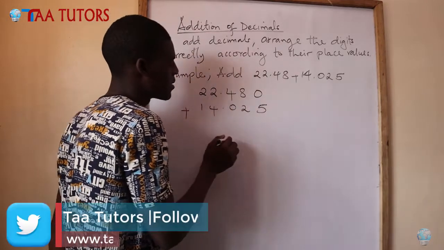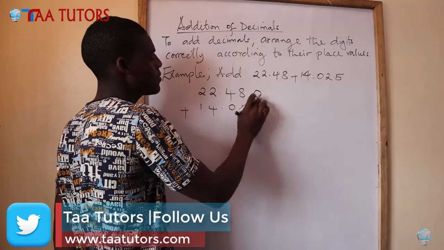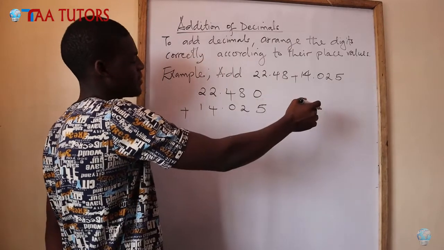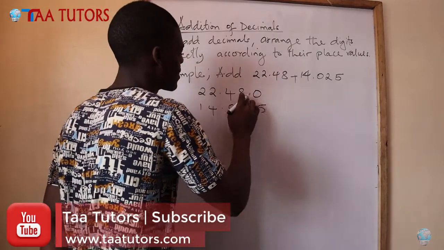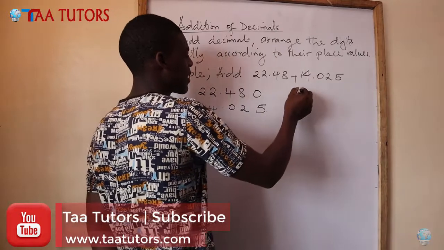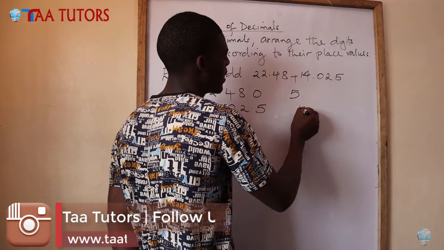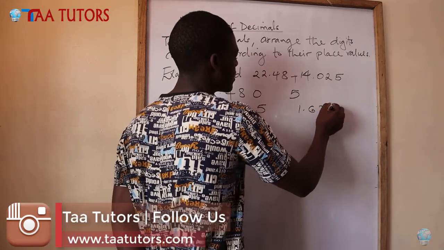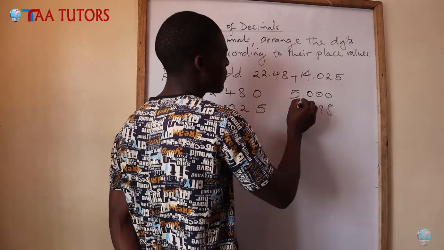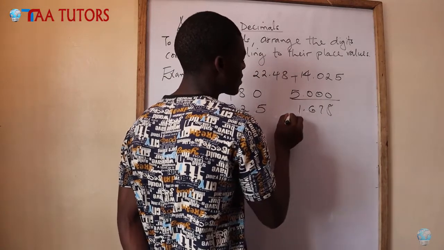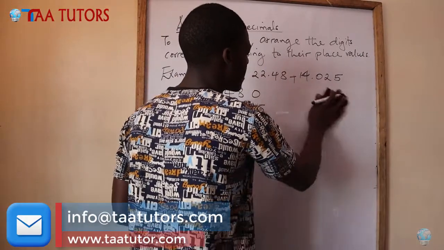In this case, this 0 is considered to be a placeholder. When we add it after the digits of that decimal place, we consider it a placeholder. You will find a number like 5, a whole number, and you want to add 1.678. You will have a decimal point, then add 3 zeros, so that the number of decimal places here equals the number of decimal places there. That is the essence of adding that 0. We say it is a placeholder.